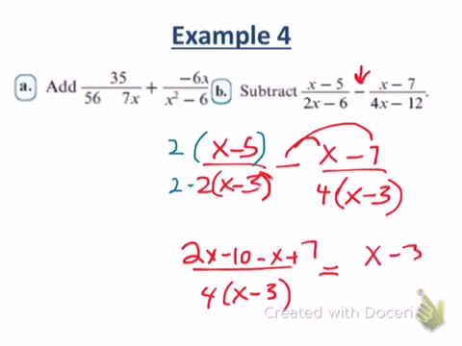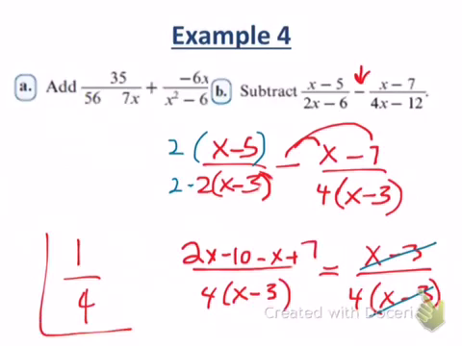X minus 3 over 4 times x minus 3. And can that be simplified? Because the x minus 3's can cancel, can't they? And we're left with 1 over 4. Okay?